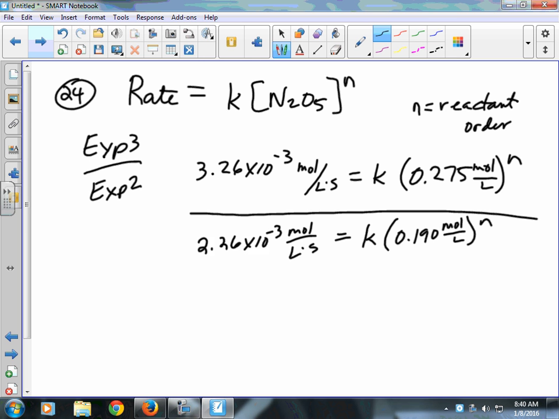All we did here was take 2 experiments, put their data into the rate law form, make it a ratio of 2 experiments. Now we're going to solve for the exponent, the reactant order. k cancels, units cancel.